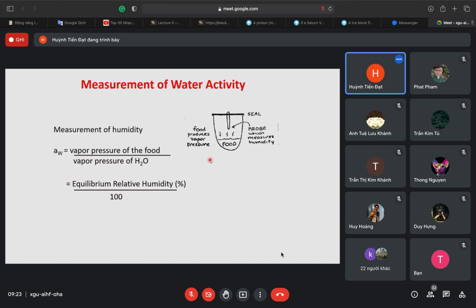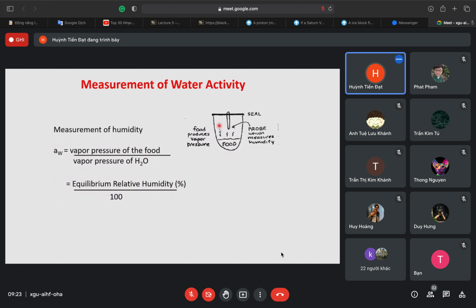Normally, you put the food product at the bottom, and it generates vapor pressure here. It depends on how much free water is inside the food and how much of it can evaporate into vapor.